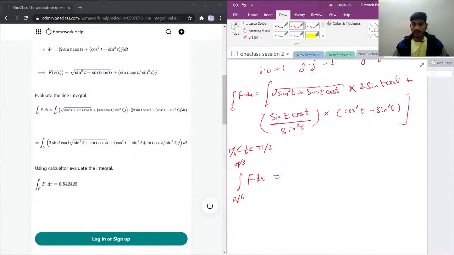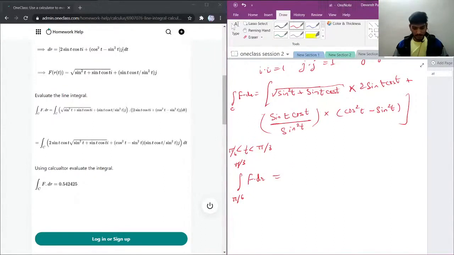So sine square x plus sine x cosine x times 2 sine x cosine x plus cotangent x times cosine square minus sine square.